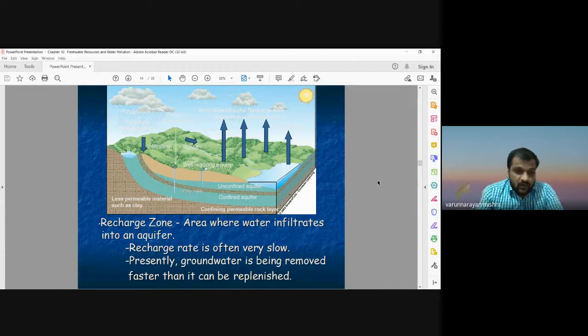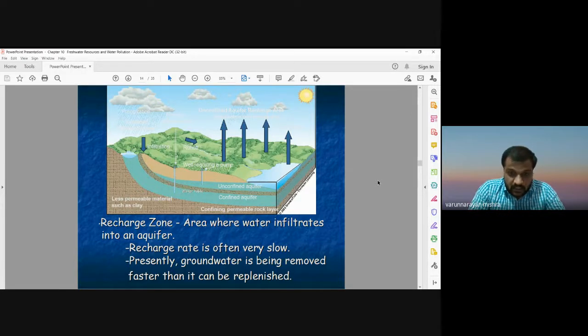So there is a large gap, a large difference between the water recharging process and the water extraction process. So presently, because of this difference, groundwater is being removed at a faster rate than it can be replenished because of the need of water for the population.